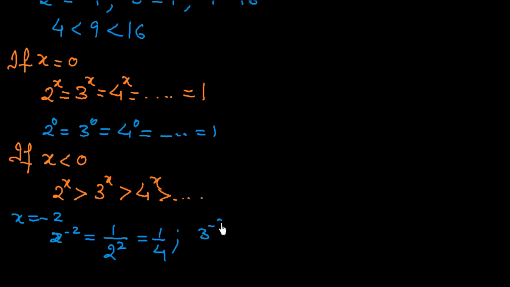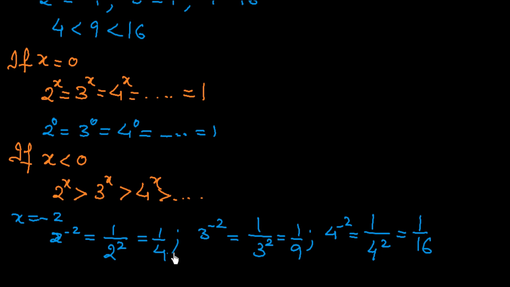Now 3 power minus 2, which is 1 over 3 square, which is 1 over 9, and 4 power minus 2, which is 1 over 4 square, which is 1 over 16. So here you see the numbers we are getting here: 1 over 4, then 1 over 9, and 1 over 16.